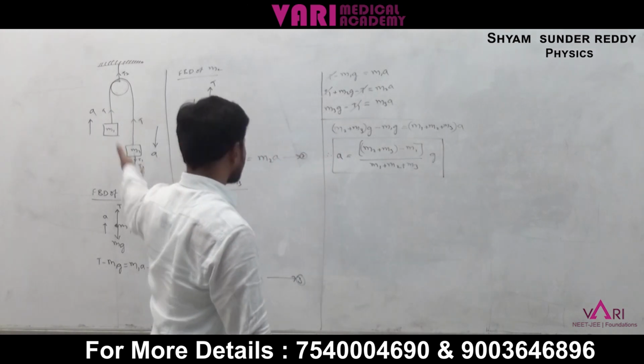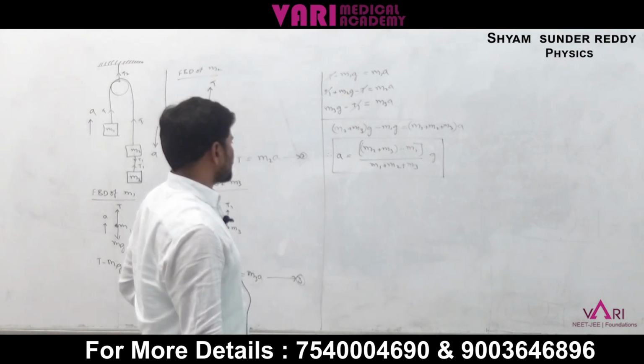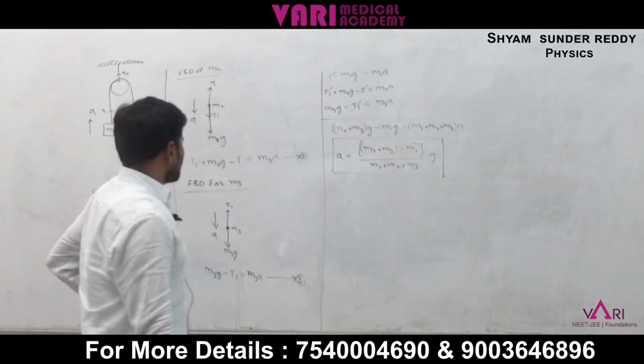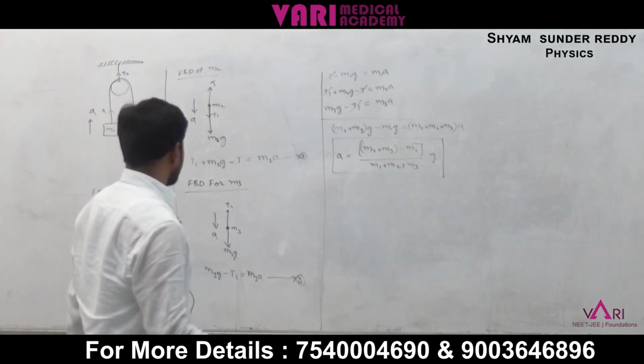Overall system, total system acceleration it shows. This equation shows the overall acceleration. And from this we need to find the T value, T1 value and T2 value.